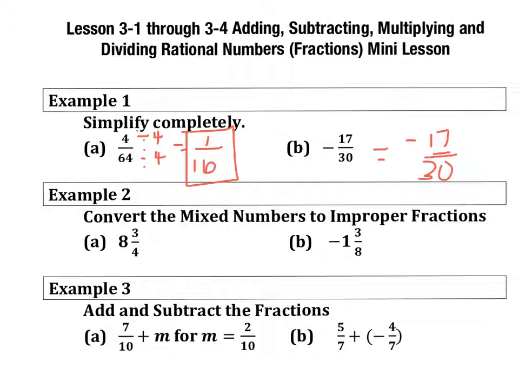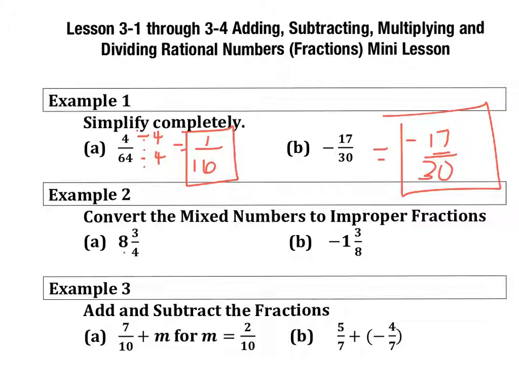In example 2, we're going to be converting from a mixed number to an improper fraction. In order to do this, we're going to multiply the denominator by the whole number portion of the mixed number and then add the numerator on, and then we keep the denominator the same. So in this case, we would have 4 times 8, which is 32, plus 3.